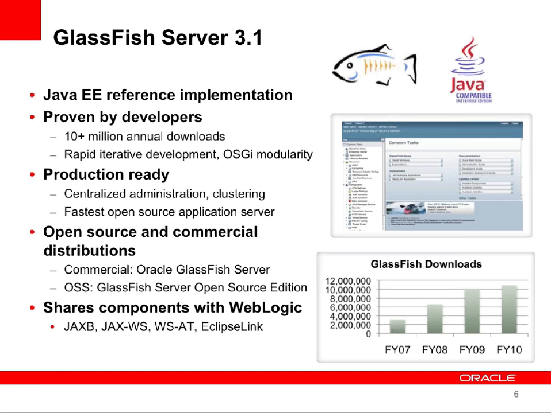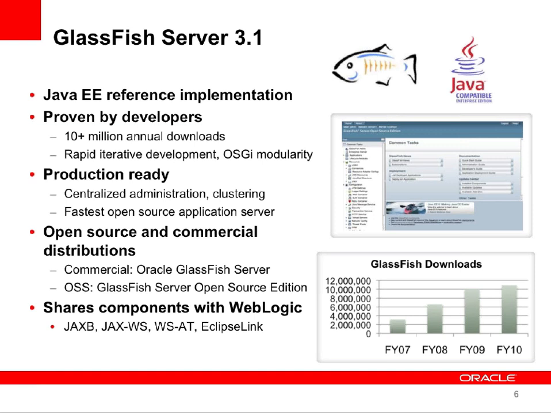And the last point I'd like to bring up is that GlassFish Server and WebLogic actually do share a lot of components, and I know that many of the people on this call are both WebLogic users as well as GlassFish Server users. Today, for example, we share the same JAXB implementation, the same JAX-WS implementation, WS-AtomicTransactions, EclipseLink, and so on.